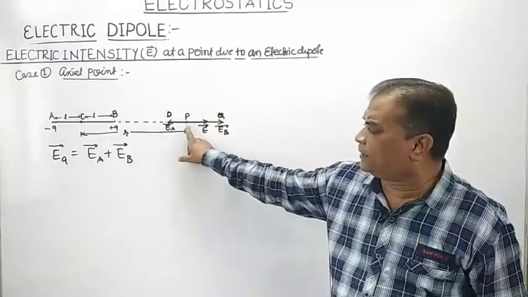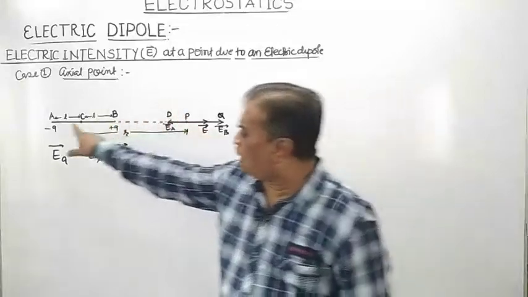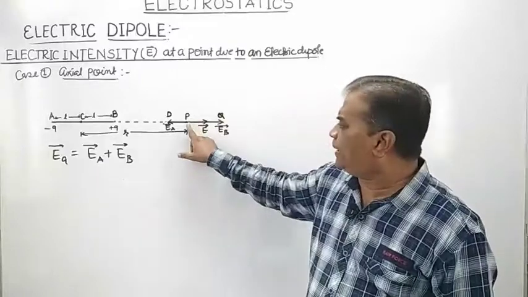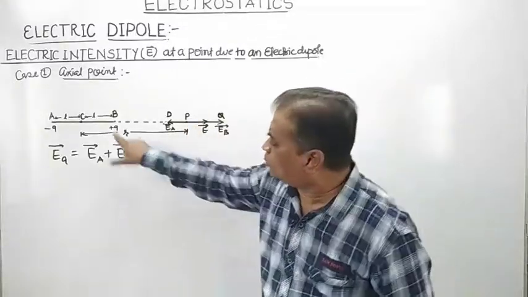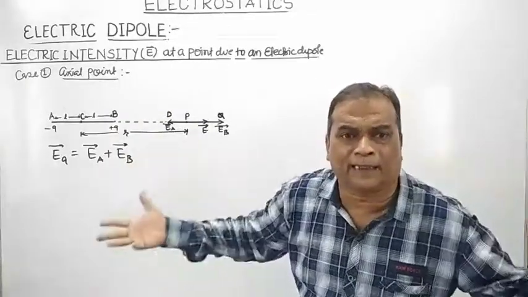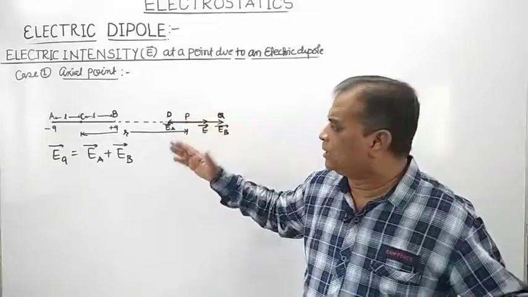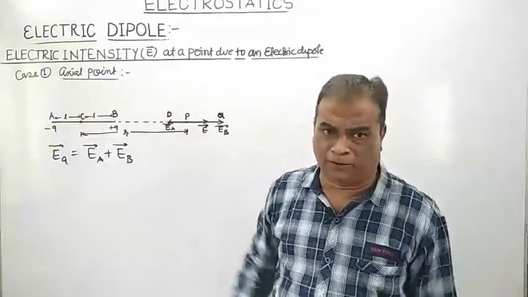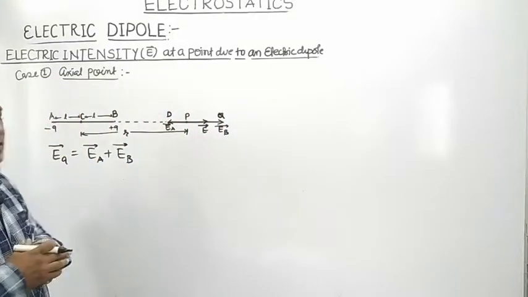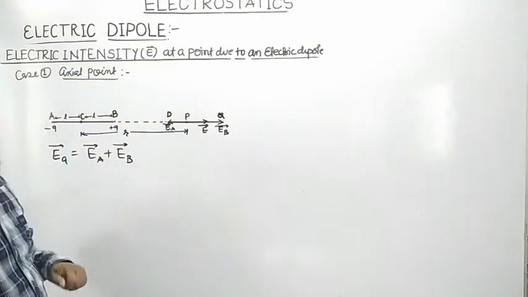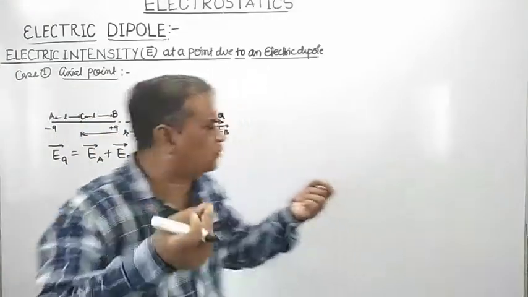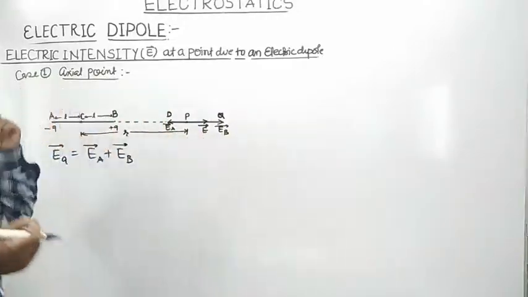The electric field intensity at point P due to charge minus q at point A, plus the electric field intensity at point P due to charge plus q at point B. It is the vector sum of the electric field intensity at point P due to the negative charge as well as the positive charge. And remember that the electric intensity at any point due to a charge is directly proportional to that charge, and inversely proportional to the square of the distance of that point from that charge.